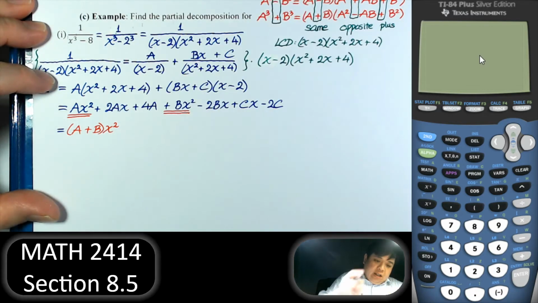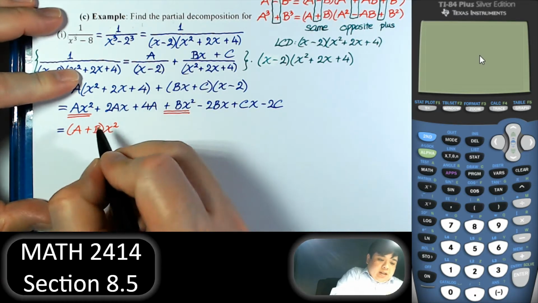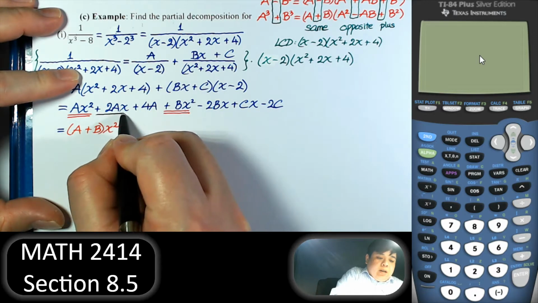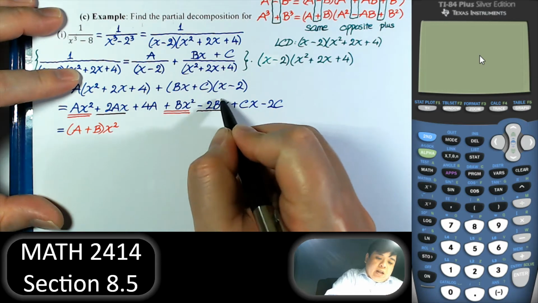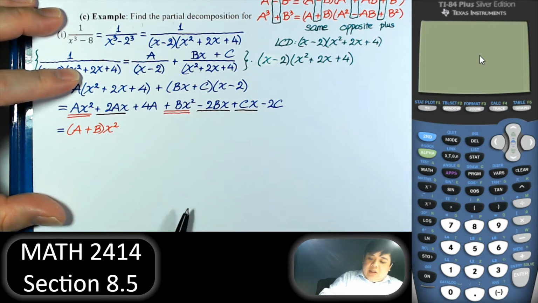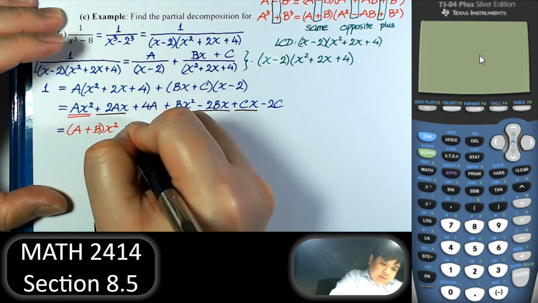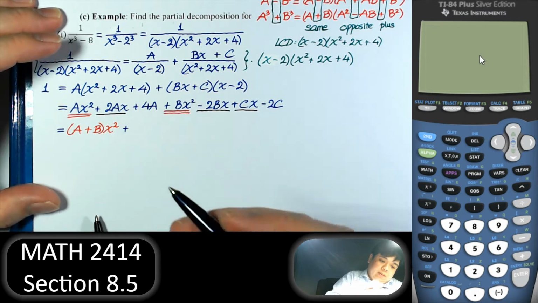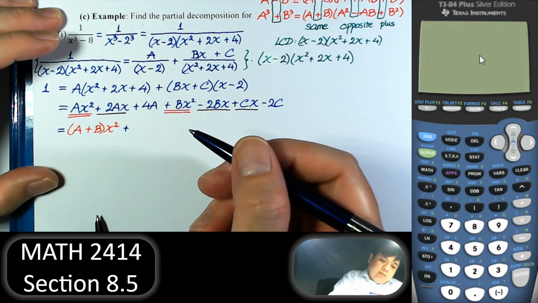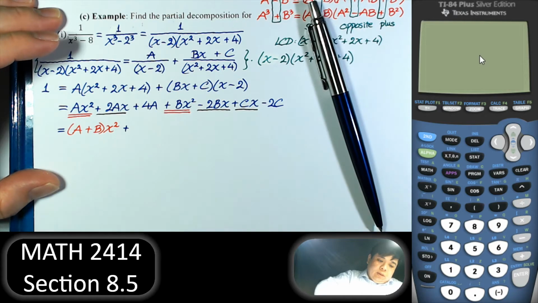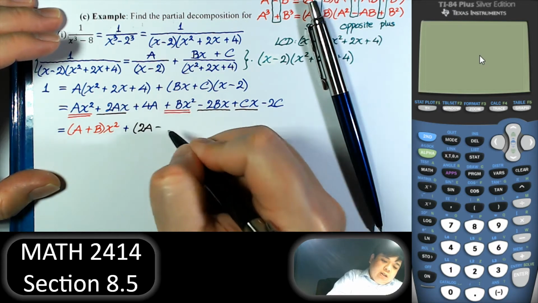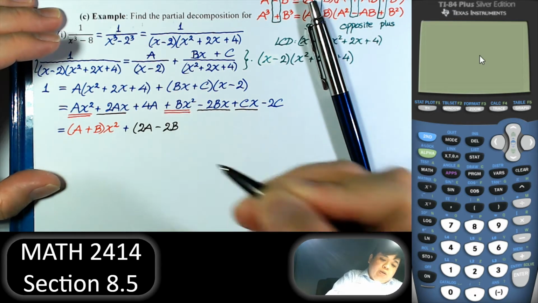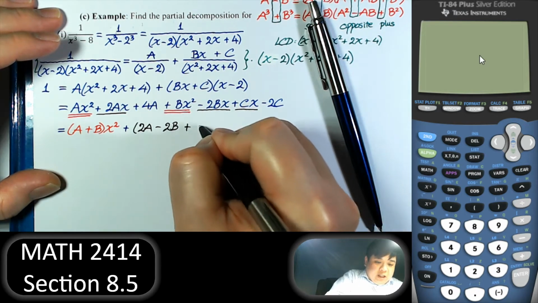Next, for the x terms: 2a, factor an x out, minus 2b, plus c.